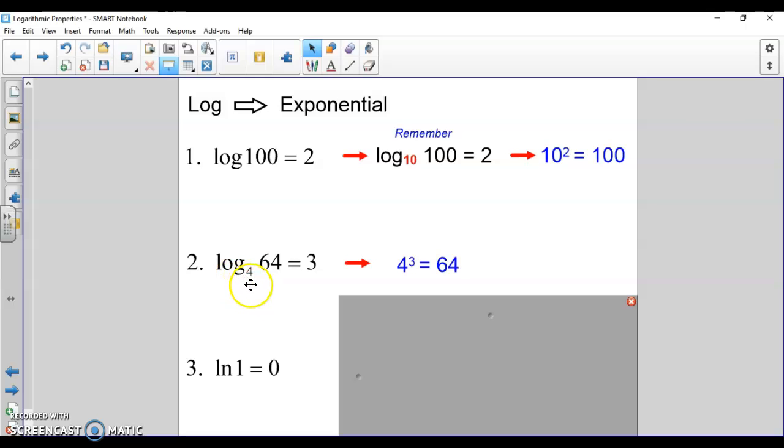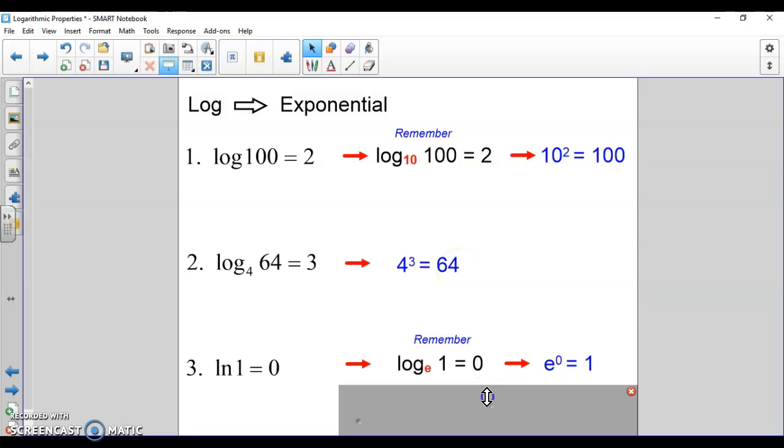We got our base, log base 4 of 64 equals 3, so it'd be 4 cubed equals 64. That's it. Now, last one we got to remember here. Natural log of 1 equals 0. Natural log of 1 is technically log base e of 1 equals 0. So this would be written as e to the 0 equals 1. So remember the first and the third one. I'm going to throw a couple of these on the worksheet again. Those, again, should be pretty easy with it.